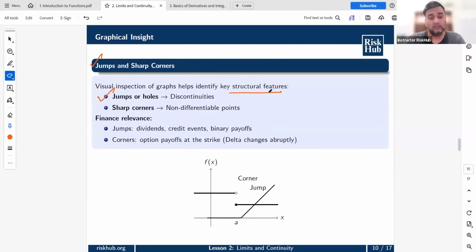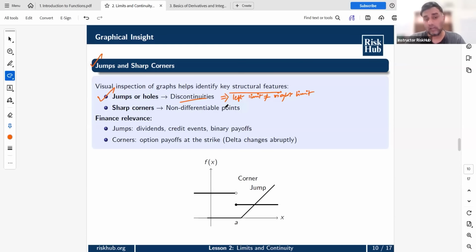A jump occurs when the function suddenly changes value, right? So there is a discontinuity. When the function jumps, please understand that the left limit is not equal to the right limit. Okay, so the function is discontinuous.